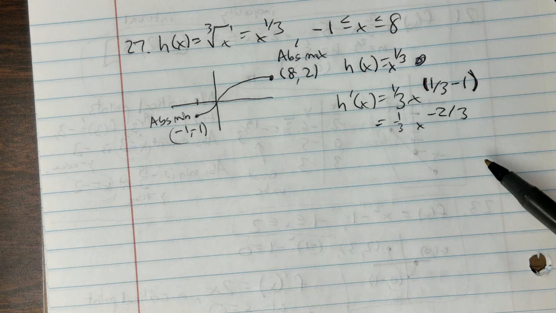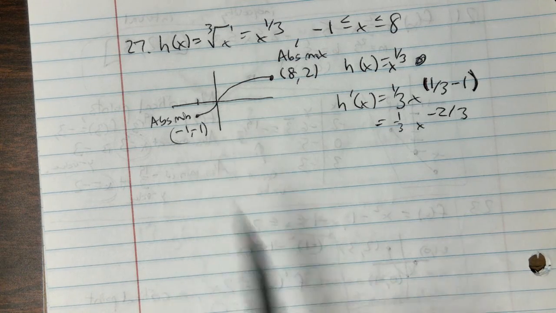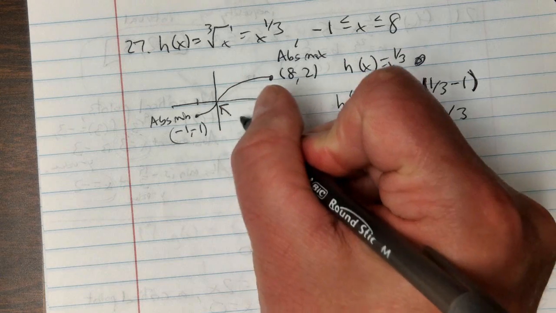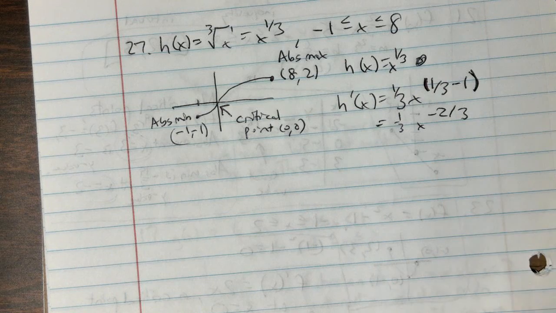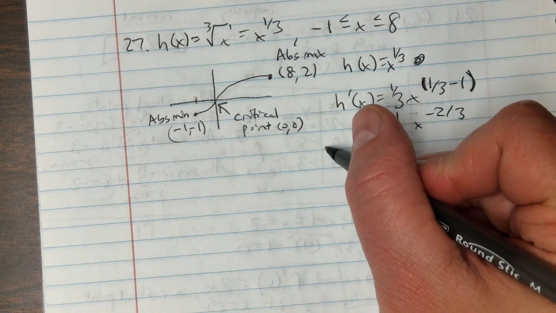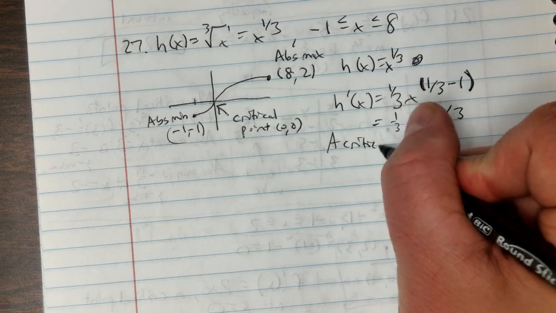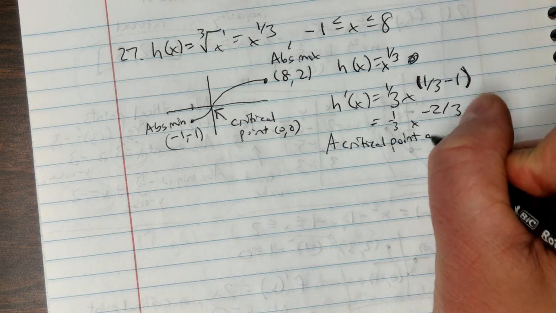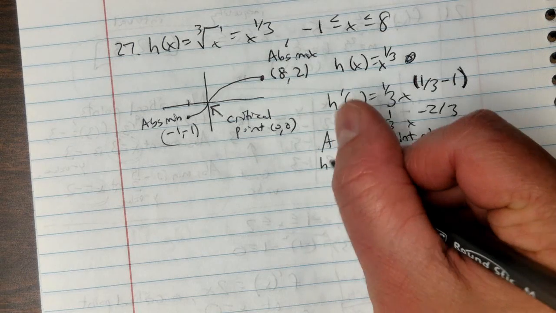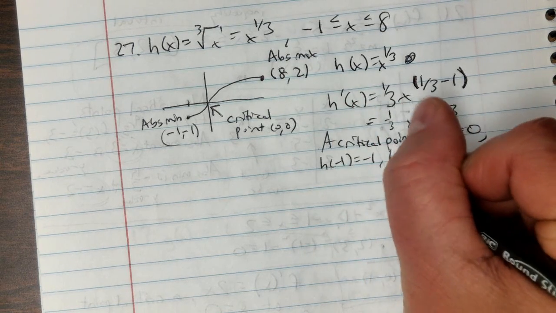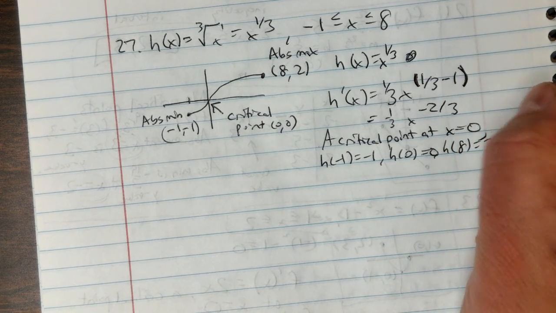And so you do have a critical point at x equals 0. That's where it's changing direction. You have h of -1 equal -1, h of 0 is 0, and h of 8 equal 2.